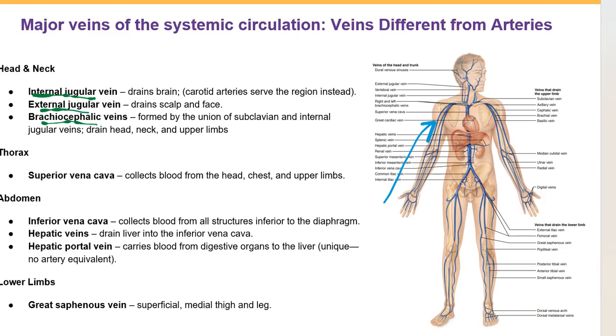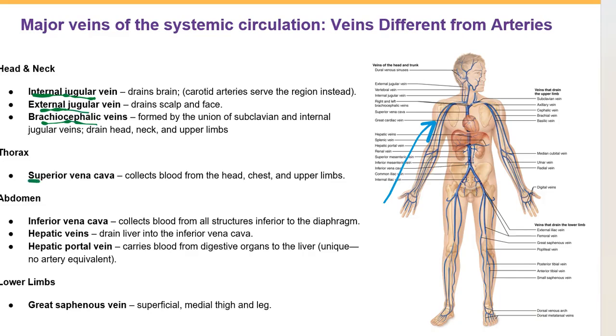Right subclavian vein plus right internal jugular vein gives the right brachiocephalic vein, and left subclavian vein and left internal jugular vein make the left brachiocephalic vein, which, as their name is descriptive, drain head, neck, and also upper limbs, brachio and cephalic. Okay, and then let's take a look at the major veins in our thorax, which do not have the same name as their arteries.